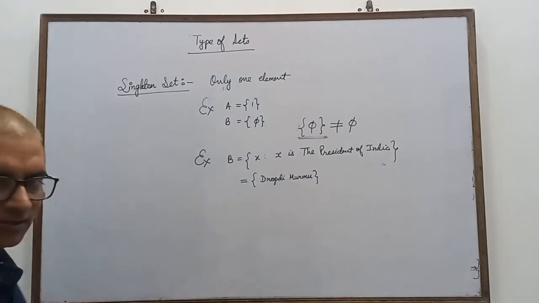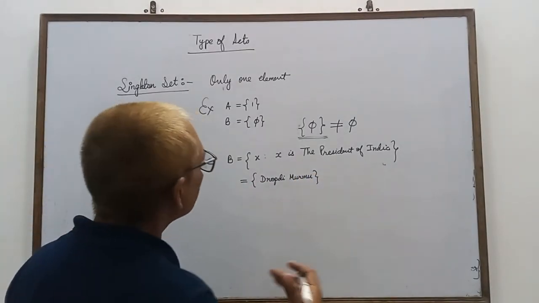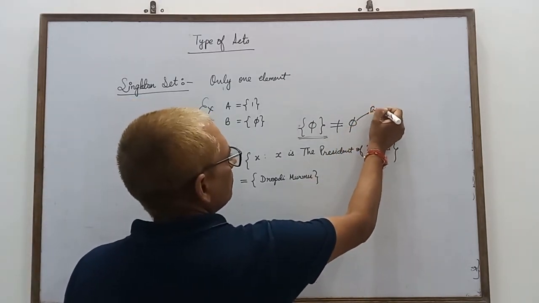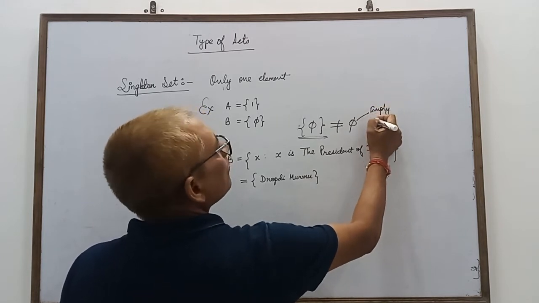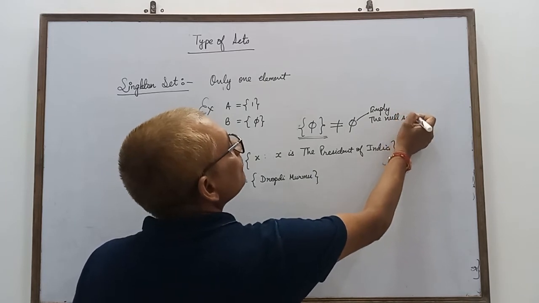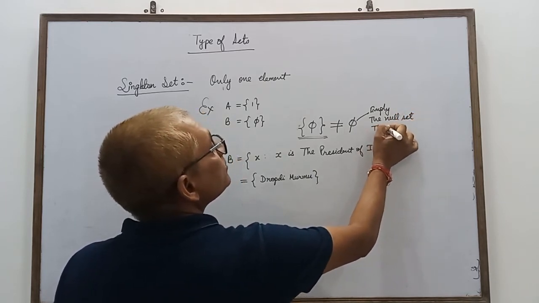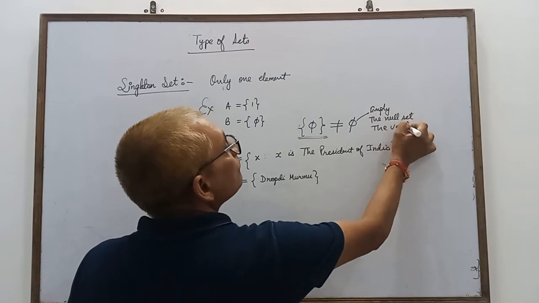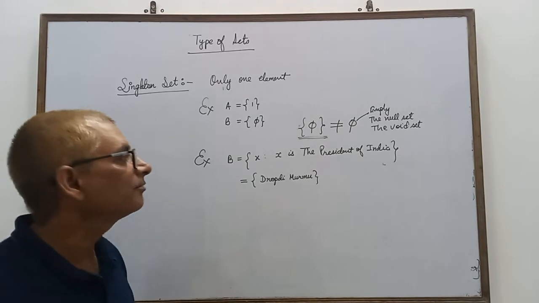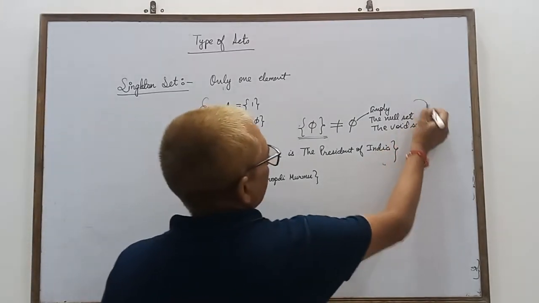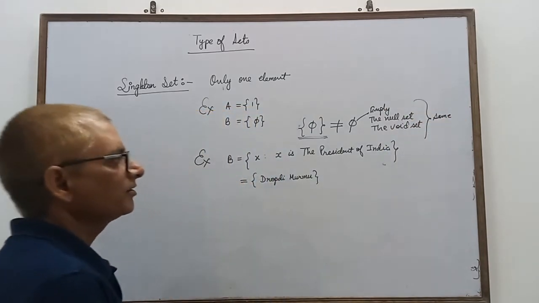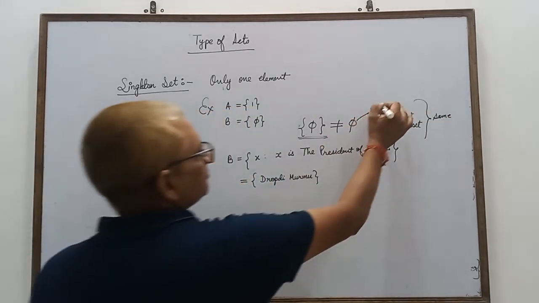It is also a singleton set. One thing I want to tell you: phi, the empty set, is also called the null set or the void set. These names are also used for phi. All are the same. If you get the name void, null, or empty, that is the same.